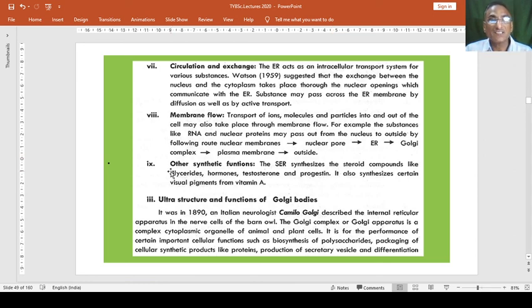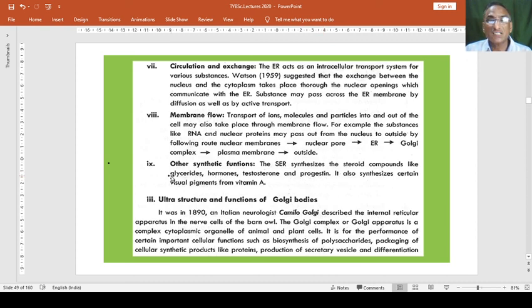Ninth function, or we can say the last function. Many minor other functions may be carried out, but these are the major 9 important functions. It includes other synthetic functions, that is, smooth endoplasmic reticulum synthesizes the steroid compounds like triglycerides, hormones, testosterone, and progestin.